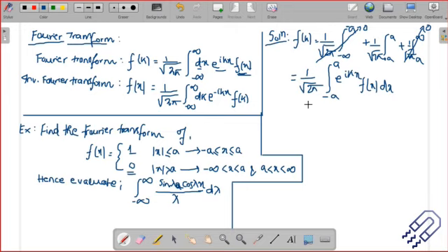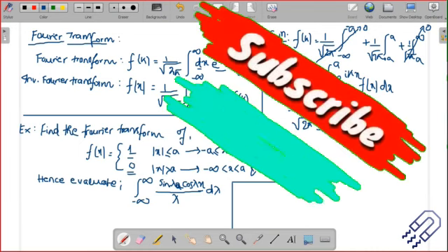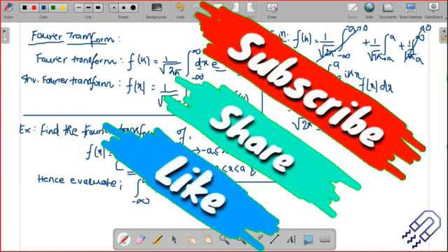Now it turns out to be a normal integration problem. And f of x is 1 between minus a and plus a. I can just put 1, and I can just write down the dx, right?